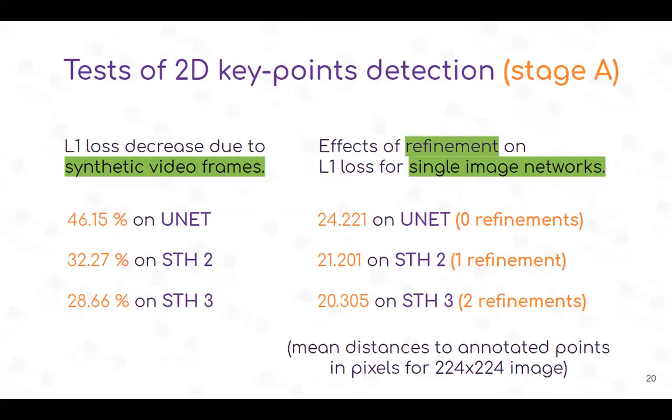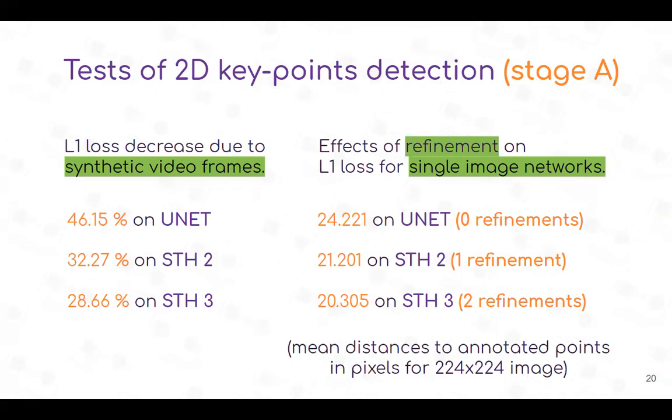So we tested, and all those results are on the validation dataset, which wasn't used in training or testing, so it wasn't used in testing to find the final metrics. We showed that in all cases, usage of synthetic video frames on different architectures improves accuracy from 28 to 46%.